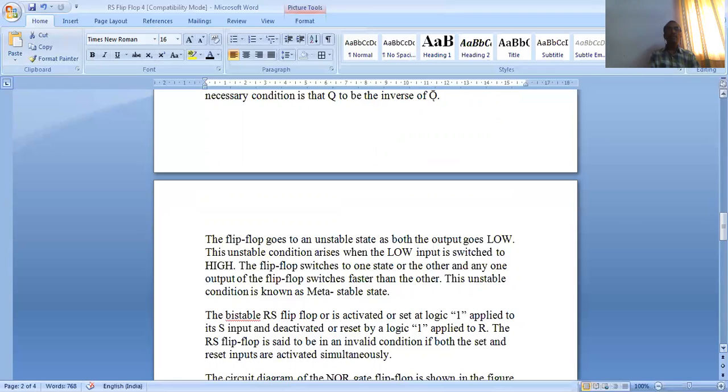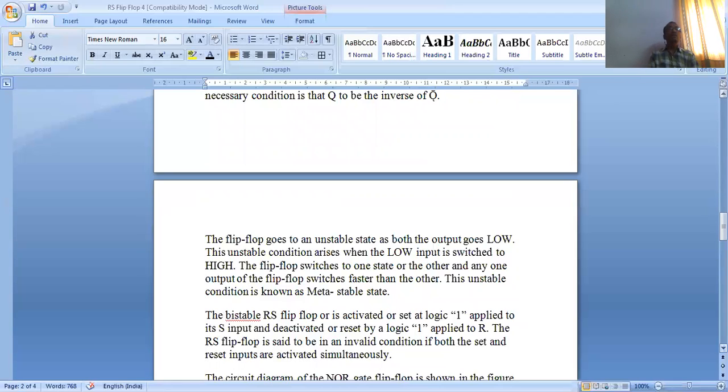The bistable RS flip flop is activated by logic level 1 applied to its S input and deactivated or reset by logic level 1 applied to R. The RS flip flop is set to an invalid condition if both the set and reset inputs are activated simultaneously.